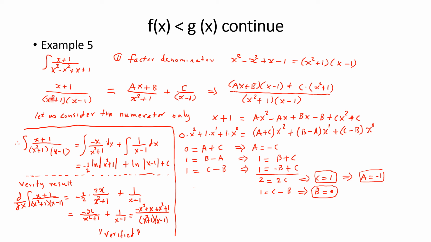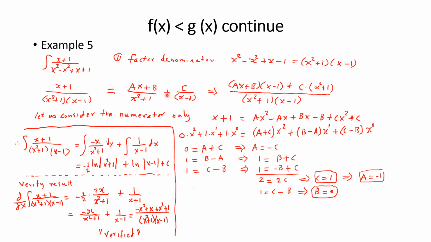Since this is x squared, as we said, the rule states that we have to put ax plus b on top of x squared plus 1. So ax plus b is the numerator of x squared plus 1, because it's x squared over here. This is a complex function. And then this is a linear function, so we'll just say plus c over x minus 1.